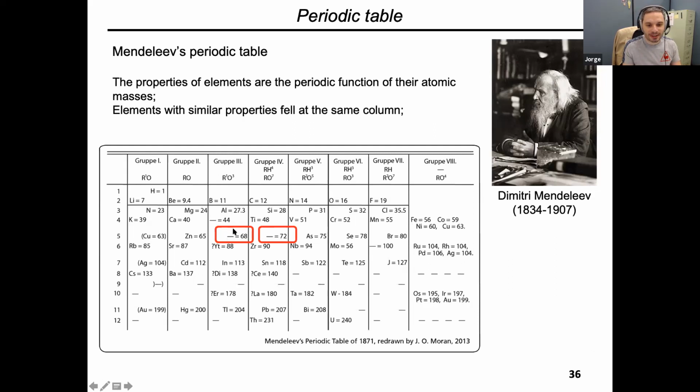Same thing for the 68, and same thing for 72. Okay, so those were not discovered at the time, but when they would be discovered, they would go in exactly this slot. So let's take a look at Mendeleev's predictions for the element with atomic mass 68 and the one with atomic mass 72, and let's see how precise Mendeleev was.